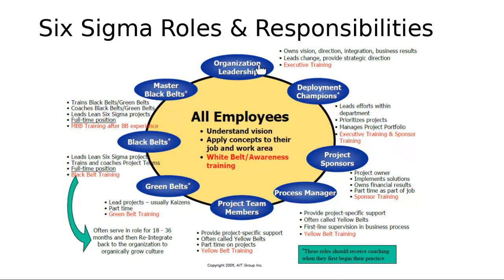Starting the roles with the leadership, comparing that to our university, for example, if we want to apply it, this is like the president or the VP of the university under the organization leadership. They own the vision, they develop the vision of the company or the organization, as well as the vision of the project results and the direction.